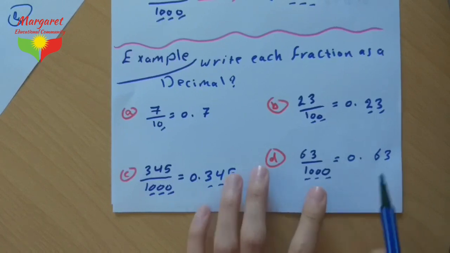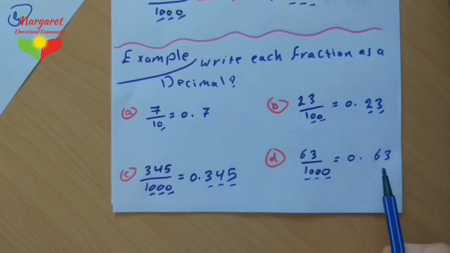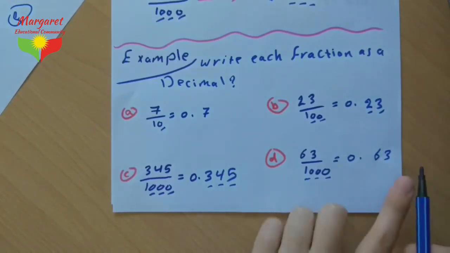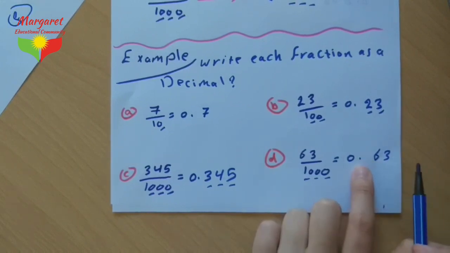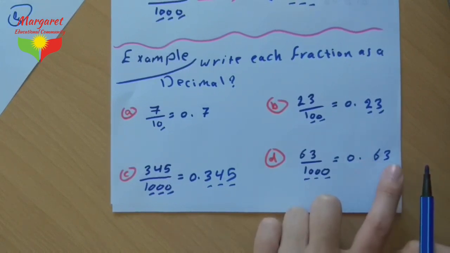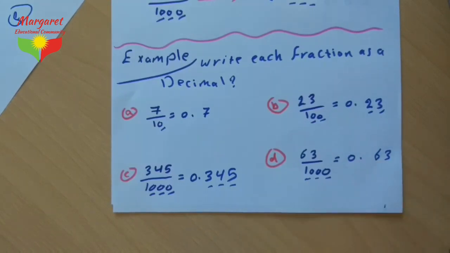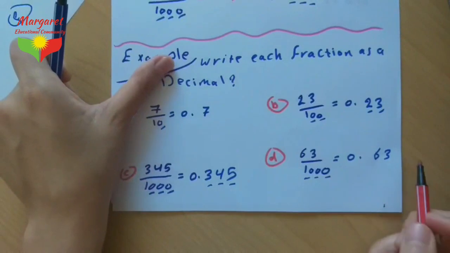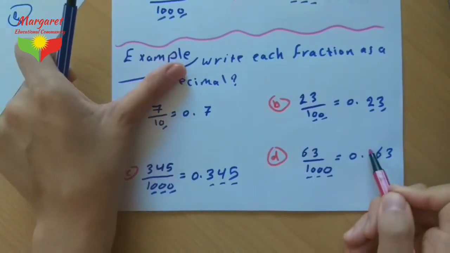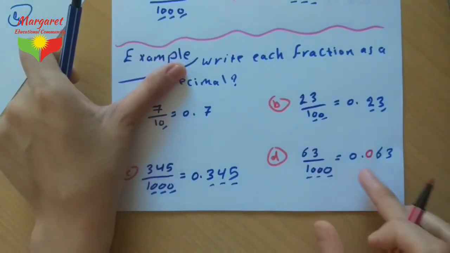You must have the same three numbers after the decimal point. But here, after the decimal point, we have just two numbers, 6 and 3. So you must write three numbers after the decimal point, so you must write a 0 before 63.